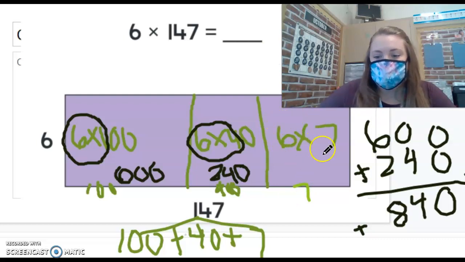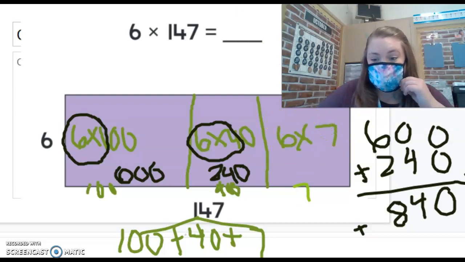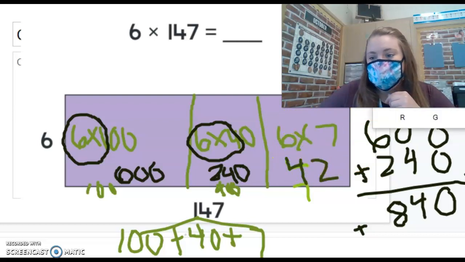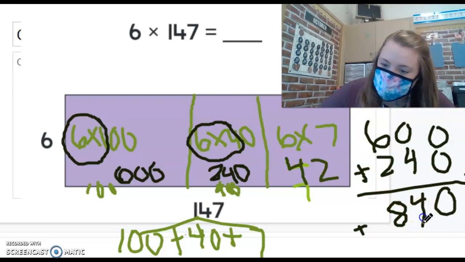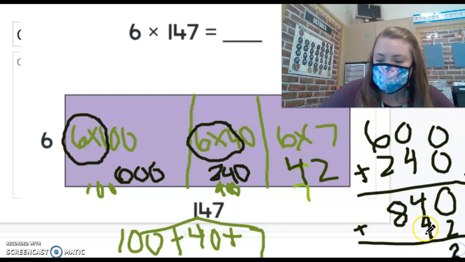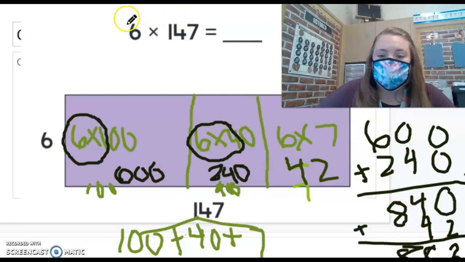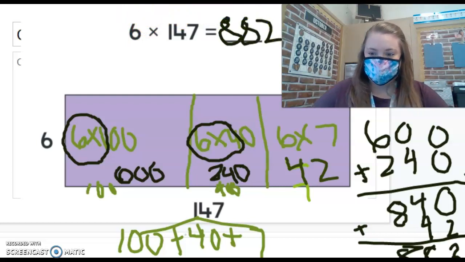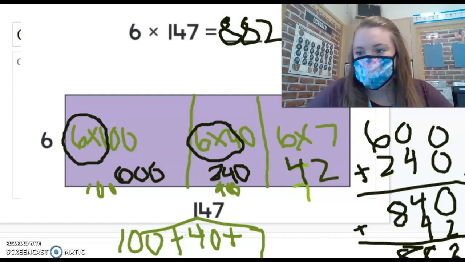So 7 times 6 is 42. Okay, plus 42. 0 plus 2 is 2. 4 plus 4 is 8. 8 plus 0 is 8. So 6 times 147 would be 882. See? Simple, simple. We just break it apart.